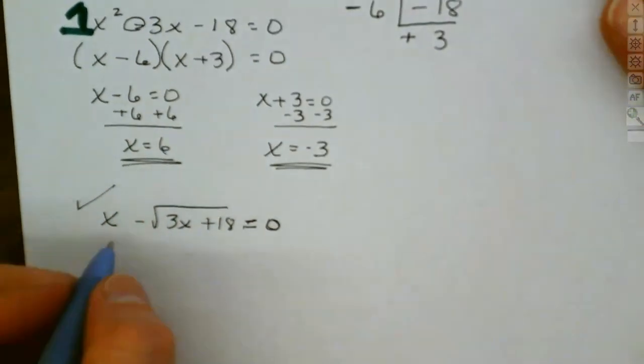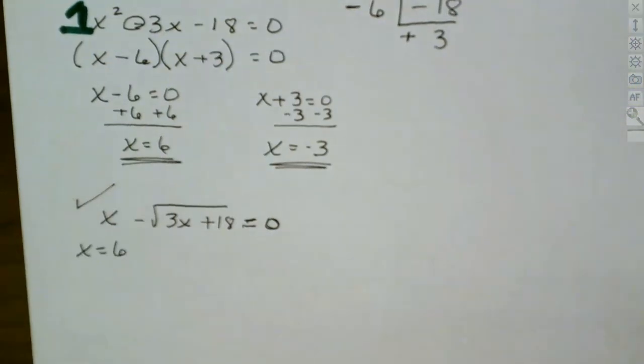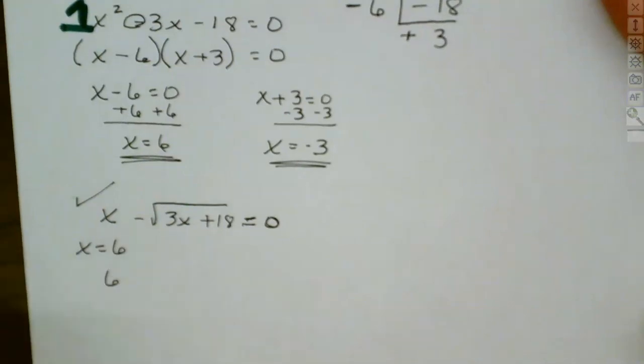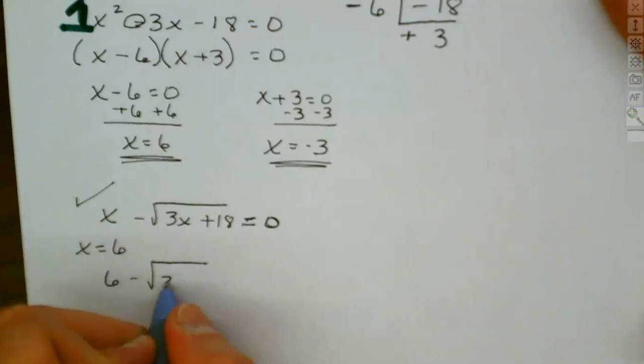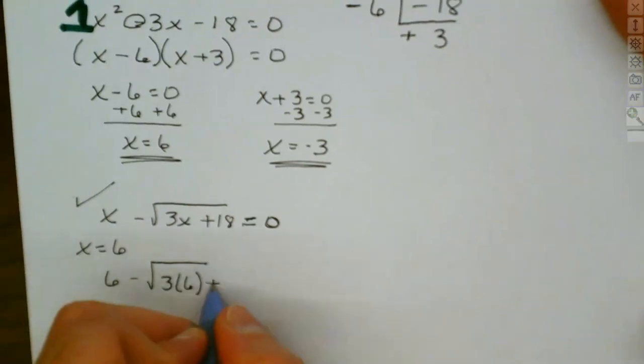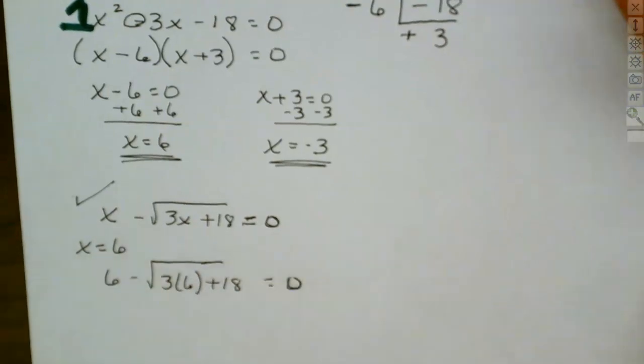So let's start off with the first one. x equals 6. You have to plug it back in, see if they match up, see if the sides are equal. So we're going to plug in that 6. So that's going to be, when I plug it in, 6 minus the square root of 3 times 6 plus 18. And that should equal 0. Let's see if it does.